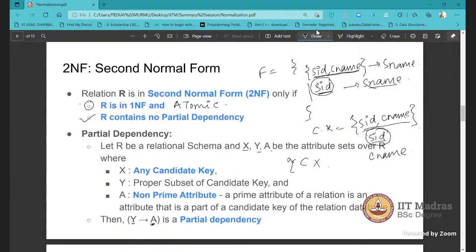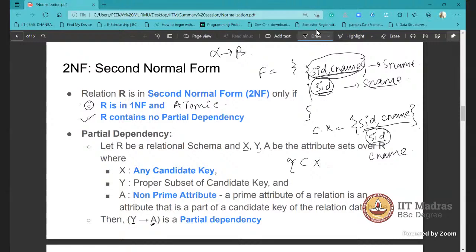So this particular functional dependency we check one by one, right? Alpha to beta. Suppose this is alpha to beta. What is the condition: is this SID and SNAME a proper subset of a candidate key? No, not, because partial dependency is there.